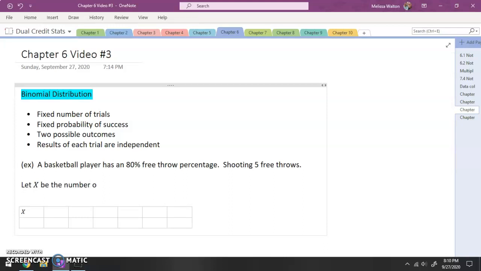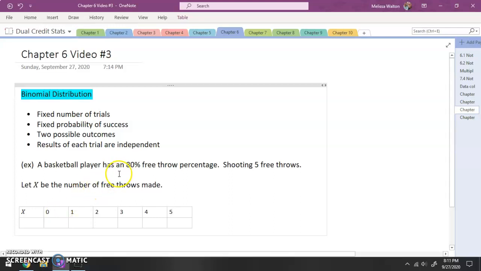Let x be the number of free throws made. So our different possibilities: maybe you're having a really bad day and you could make 0, or you could make 1 out of the 5 free throws, 2 out of the 5, 3 out of the 5, 4 out of the 5, and finally, what is the probability that you make all 5?